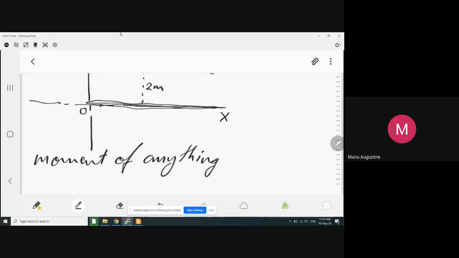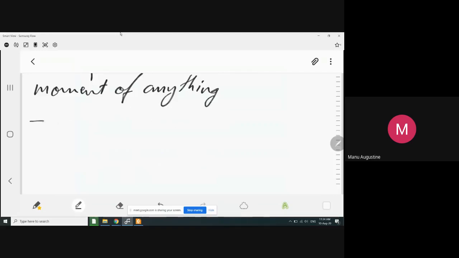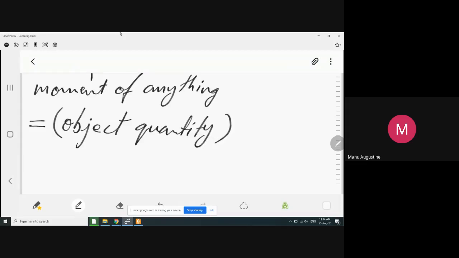So moment of anything is equal to object quantity. Object quantity means if the object is an area, then the area itself in meter square is the object quantity. If the object is a mass, then the total mass of the object is the object quantity. If the object is a straight line, then the object quantity is the length of the line.